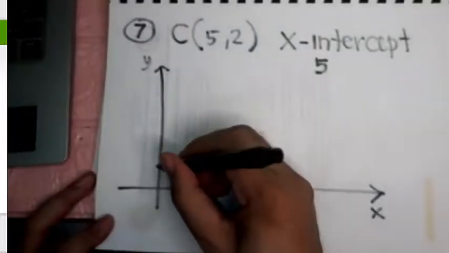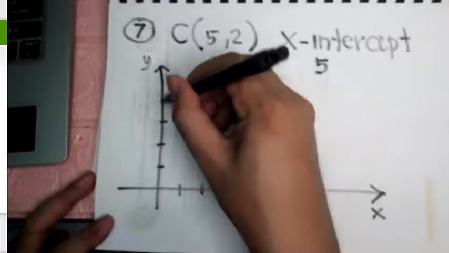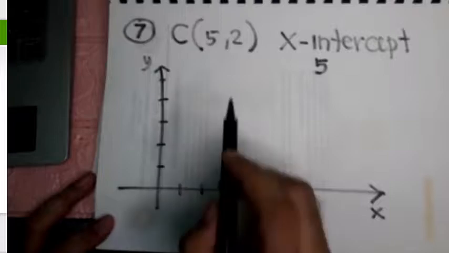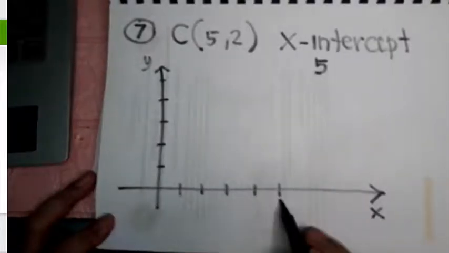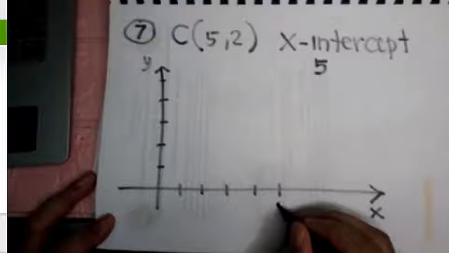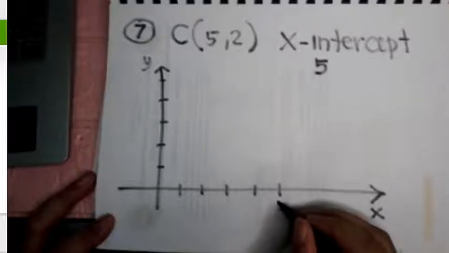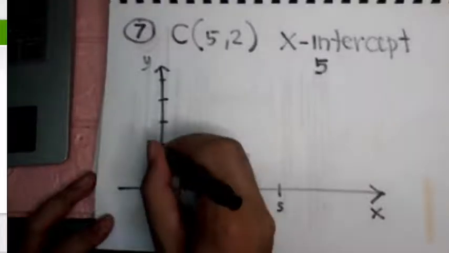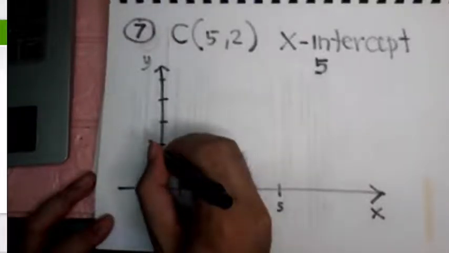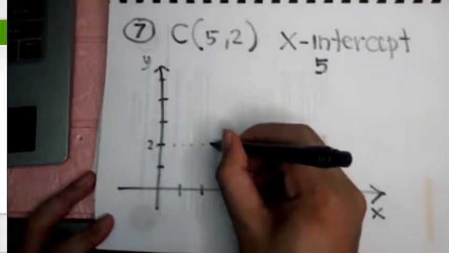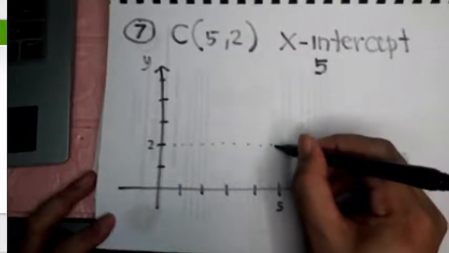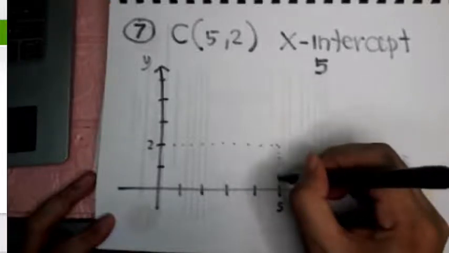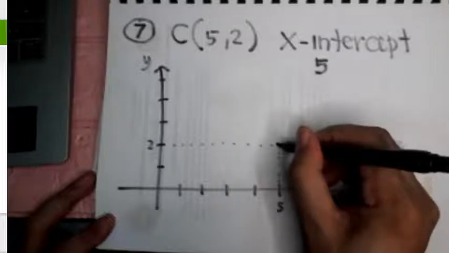The center is at 5, 2. This is 5, and this is 2. At the intersection of these two, we have the center here, at 5, 2. That is important.